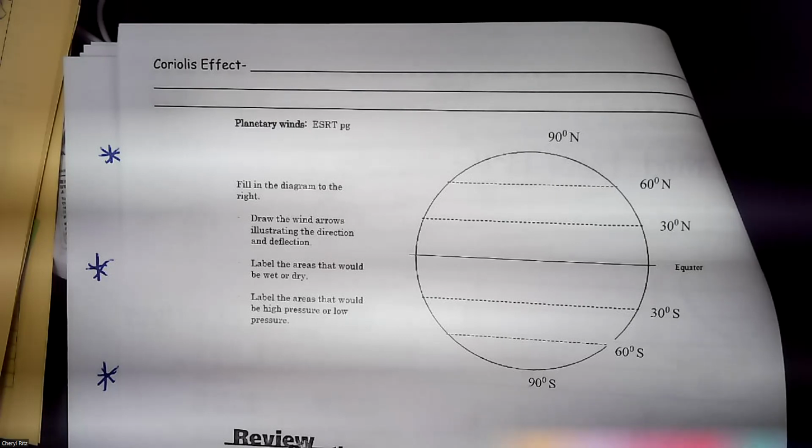So just like that, the wind will curve due to the spinning of the earth. Again, is the wind actually curving? No, the wind is going straight, but it appears to be curving due to the rotation of the earth. I have a video that will demonstrate this a little better than I can.